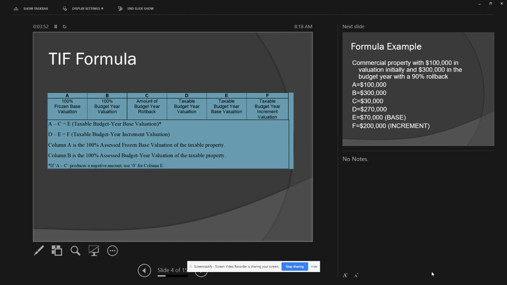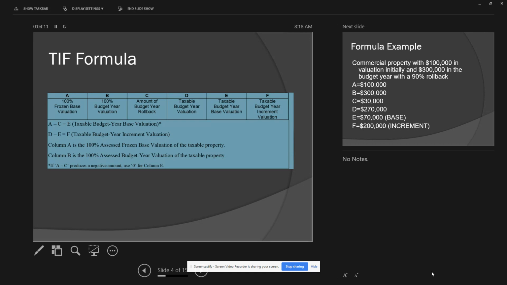So the calculation then is A minus C equals E. Frozen base minus budget year rollback equals the base year value, because rollback always comes off of that base district, not the increment.